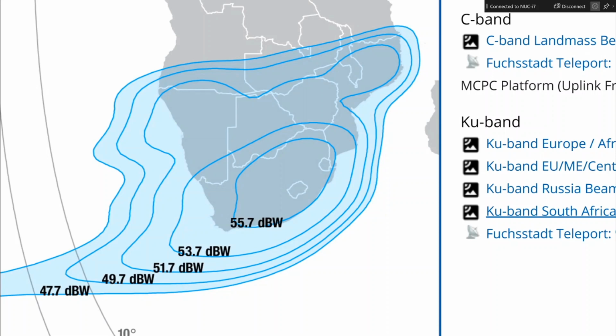The measurements that you see there, the decibel watts, are indicators of the strength of the signal. So you can see that there's a very, very strong signal over South Africa, and then it becomes weaker as it spreads out.